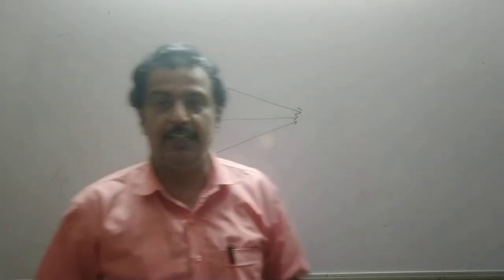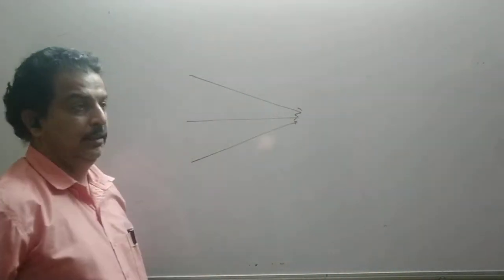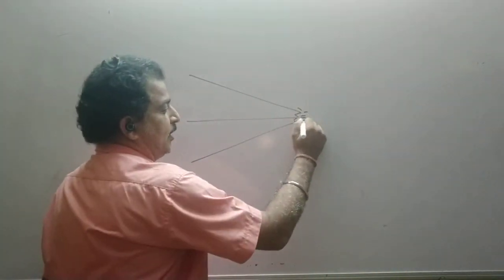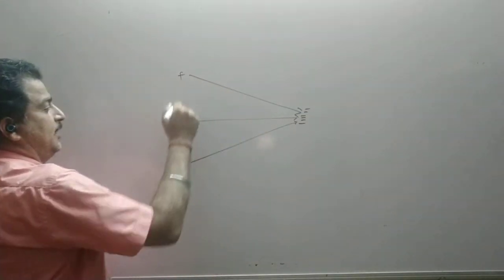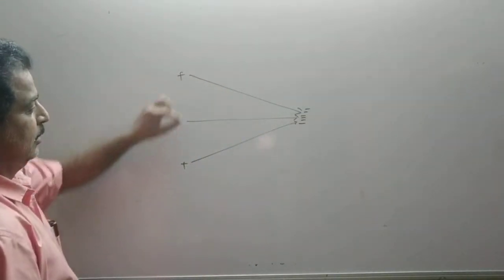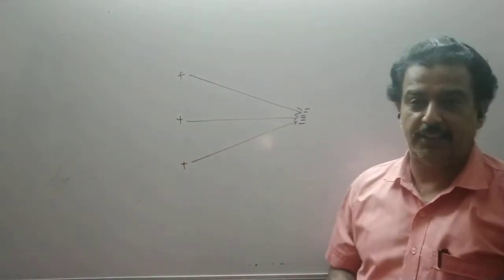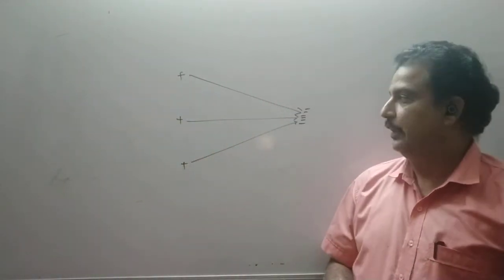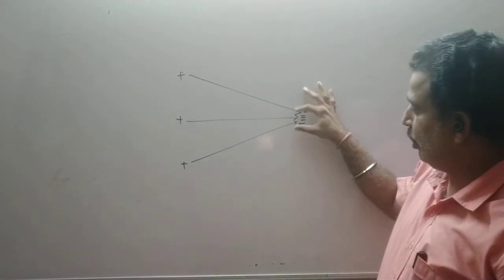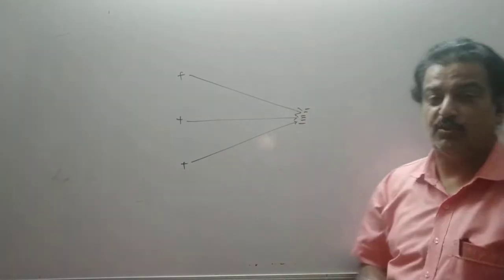Two field lines can never intersect each other, that we know. So here it is terminating. Now this is the negative charges and this is plus charge. Wider is the distance between the field lines, less is the intensity, that we know. Here the density of the lines is closer, so intensity is more.